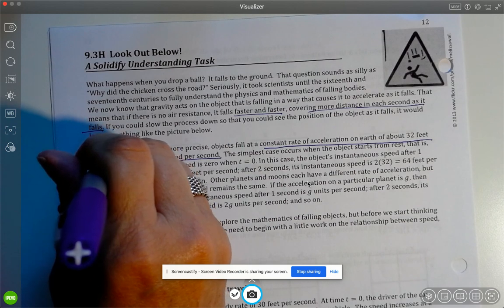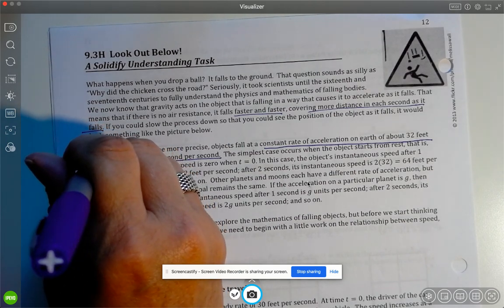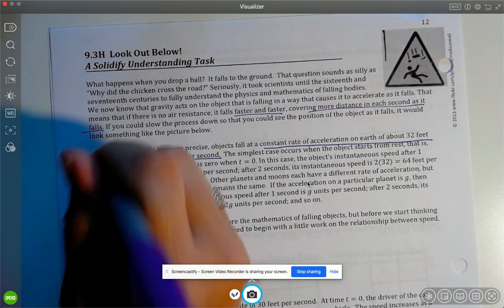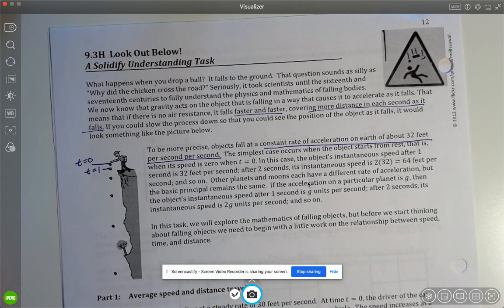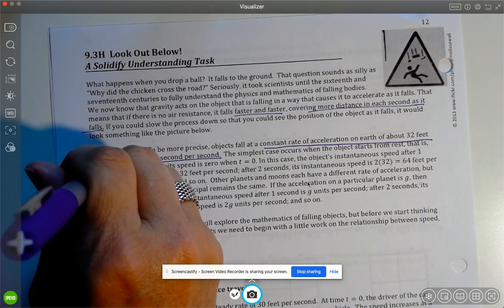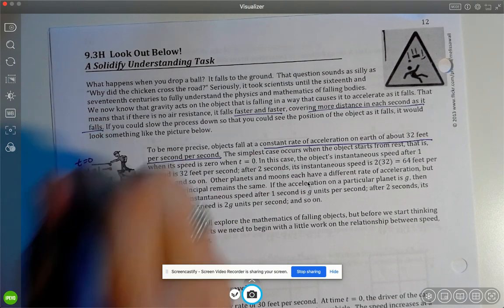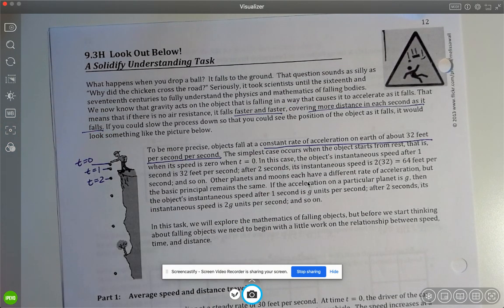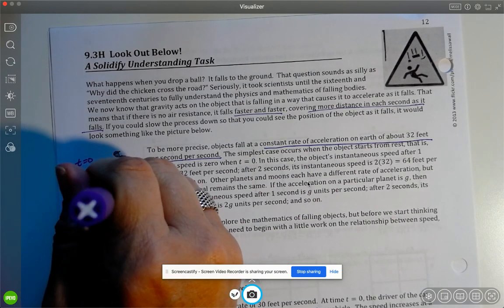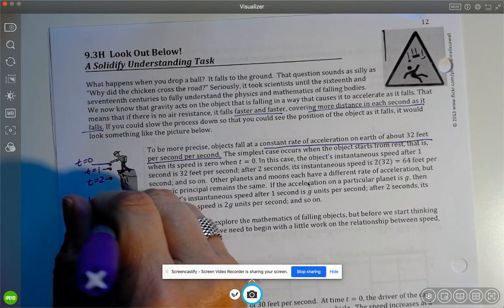So if this were like t equals 1. After 2 seconds, its instantaneous speed is 2 times 32 because it's falling faster now. So at like t equals 2, it's going 64 feet per second and so on. Like t equals 3, 4, 5.